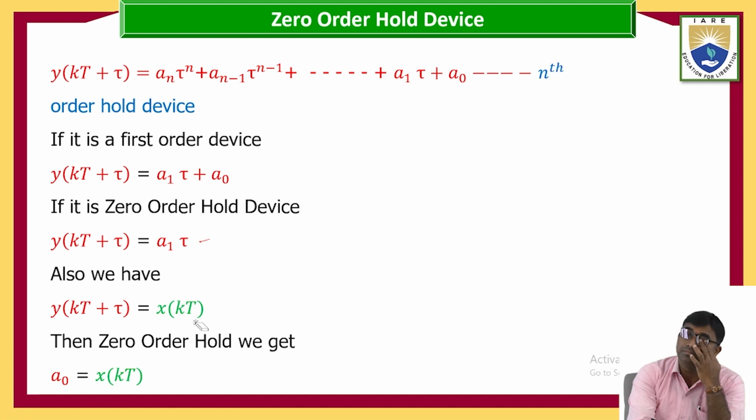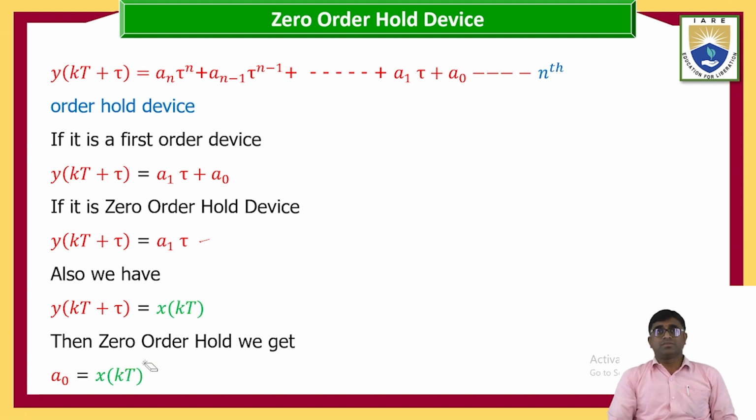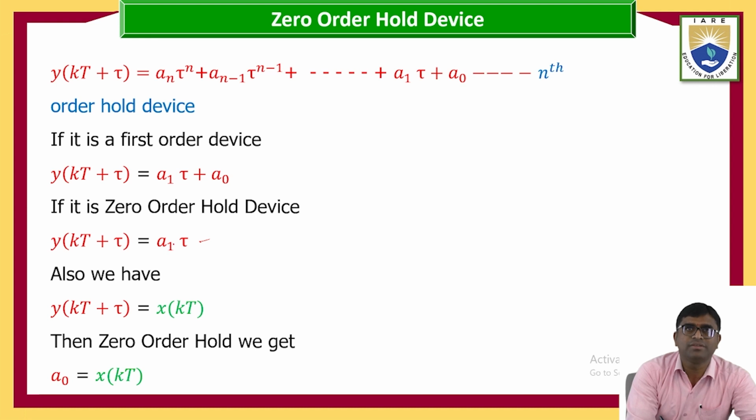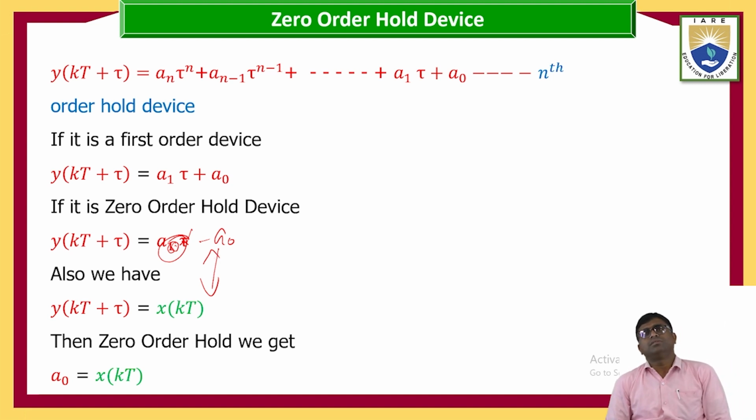That is nothing but, for zero order hold, it is A naught equal to x of kT. This is for the zero order hold device. Sorry, wait, there is some mistake here. It is coming as A naught only, not O. It is A naught, so this is equal to this one.